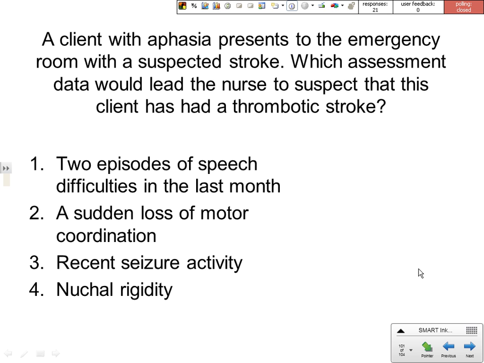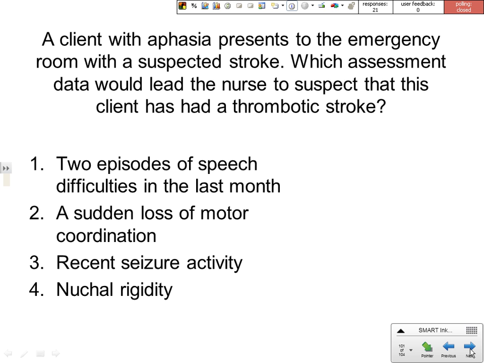So that means it's almost an evolving or episodic type of situation. Whereas a sudden loss of motor coordination is one of the signs that you would see in a patient with a hemorrhagic stroke who bursts an aneurysm and boom, they pass out, they're not coordinated, they lose a lot of neurological function very quickly.